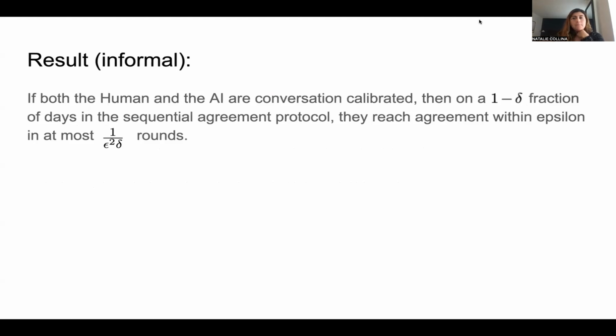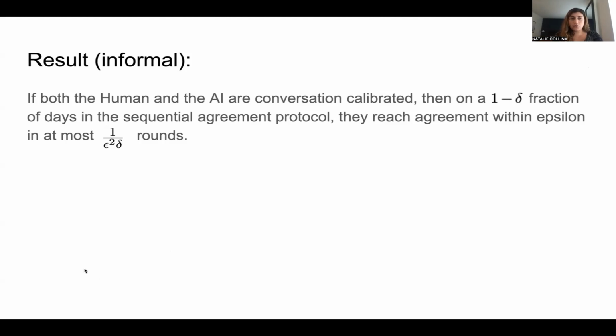Okay. So informally, the result is that if both the human and the AI have this conversation calibration condition, then on a 1 minus delta fraction of days in this protocol, they're going to reach epsilon agreement in at most 1 over epsilon squared delta rounds.